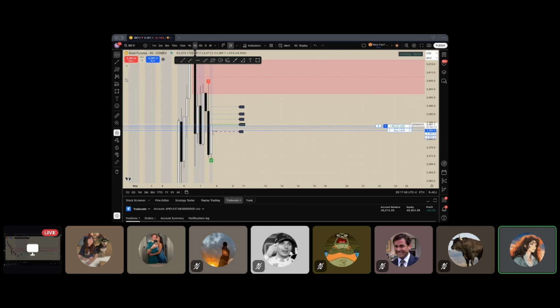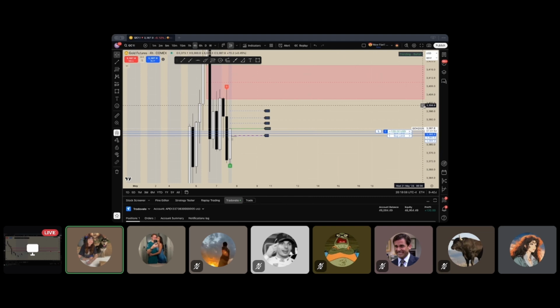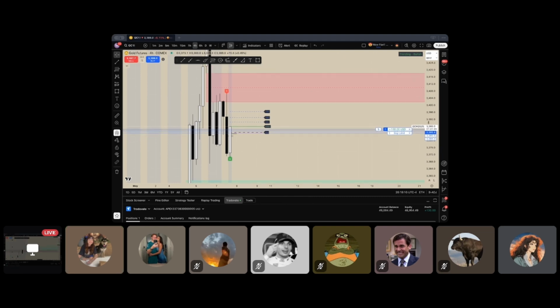How do you know which is the top one for the liquidity? So if you're looking at gold, which of the previous wicks would be the limit to sell? Usually I do a swing high or a swing low. Look at that. On gold, we're already up 110 bucks.